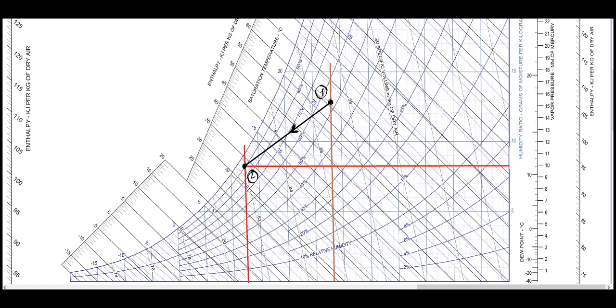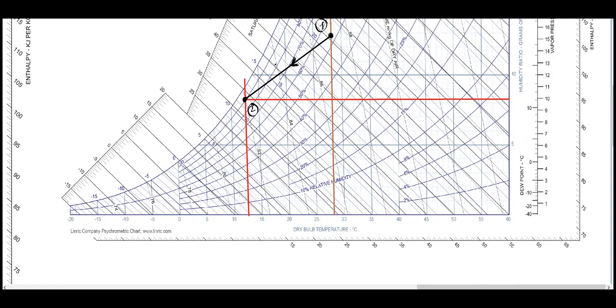So we have now the process 1 to 2, which is what type of process? So we can state that the type of process is cooling. So you will notice from 28 going to 12.5 degrees Celsius, it's a form of cooling.